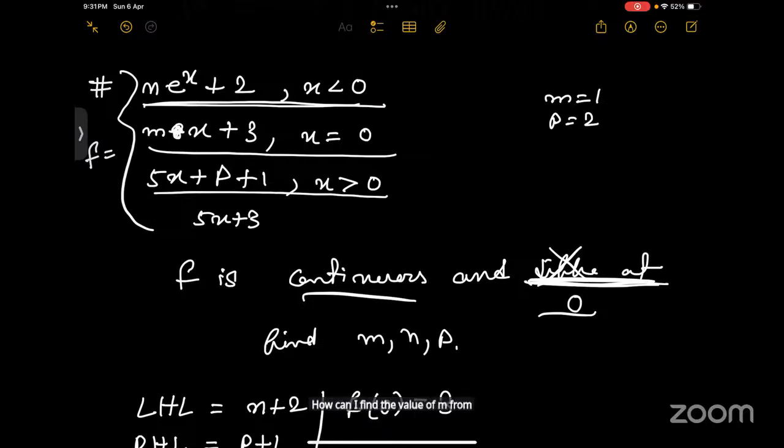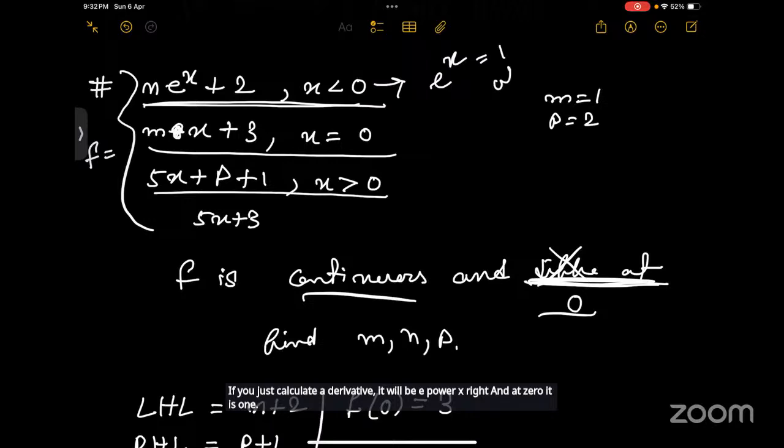If you calculate the left hand derivative, you will have n e to the power x, and we know the value of n is 1, right? So it is e power x. If you calculate the derivative, it will be e power x, right? Yes, ma'am. And at 0, it is 1.